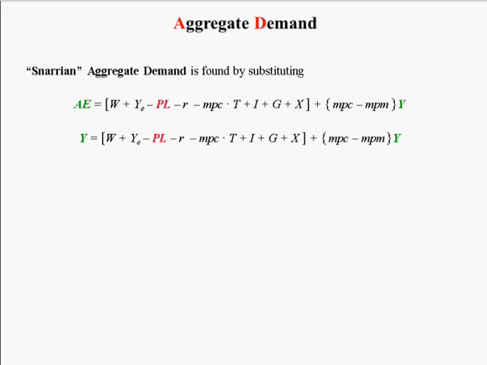Suppose aggregate planned expenditure and real GDP aren't equal to each other, and the economy's in recession, and you manage an IHOP. Well, if you see more customer traffic coming into your business, you're going to notice that your inventories are falling because you have a little bit more traffic than you used to have. Maybe a week ago you only had 10 customers per half hour, and now you've got 30 customers per half hour.